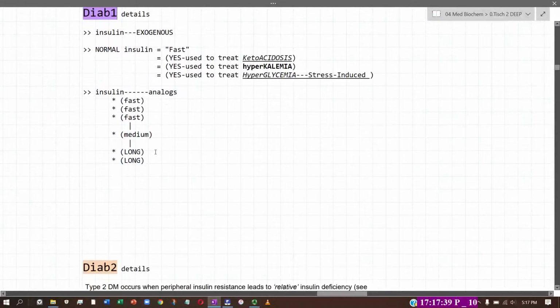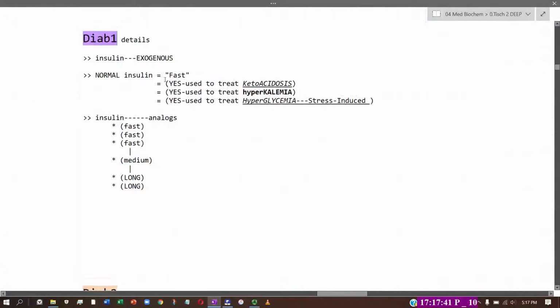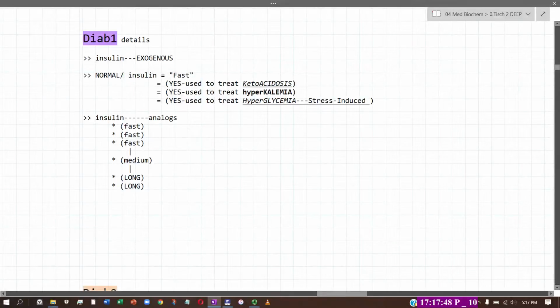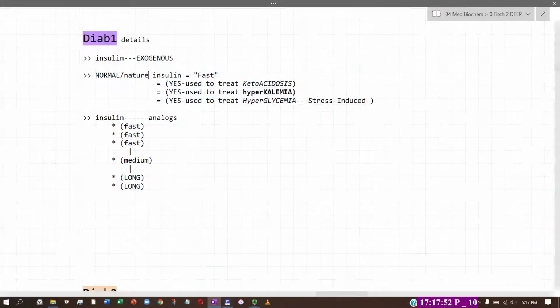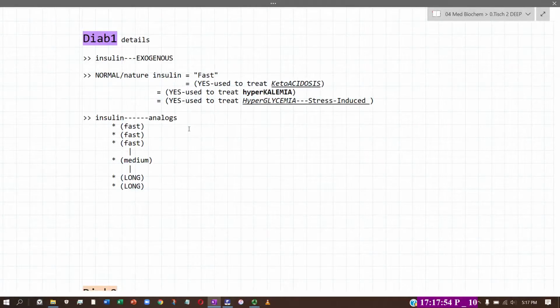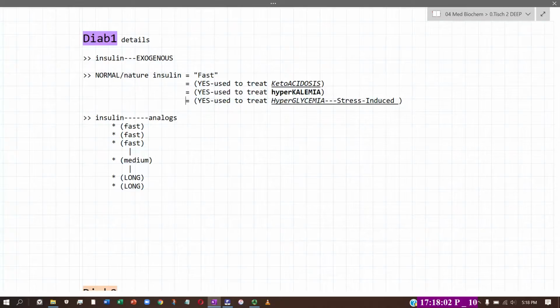So next here we have notes about the normal insulin. We can call it normal slash natural, because in this lecture there's a table. We learn a lot about insulin which is synthetic, or other drugs which can mimic the action of insulin.